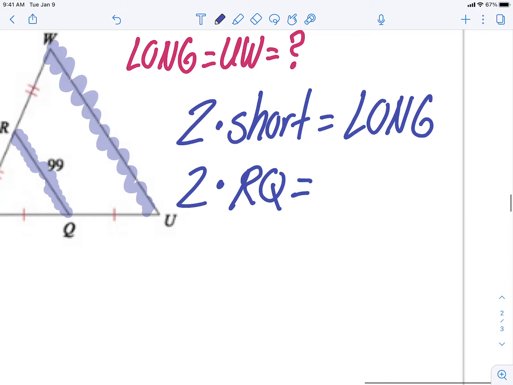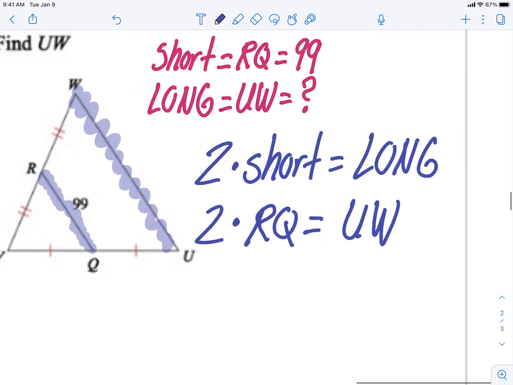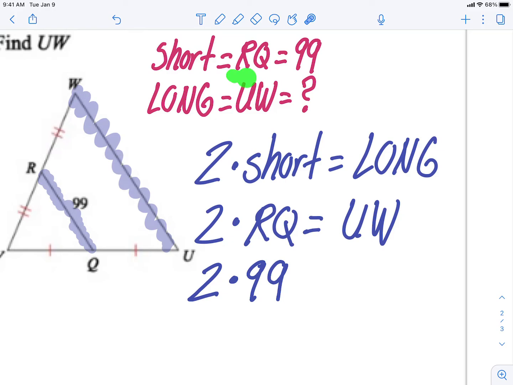So, is UW. Well, let's replace what we have. How much is RQ? 2 times RQ is 99. See, RQ is 99. Is equal to UW. We don't know what UW is, so let's leave it as UW. Forgot to write the little line up here, by the way.